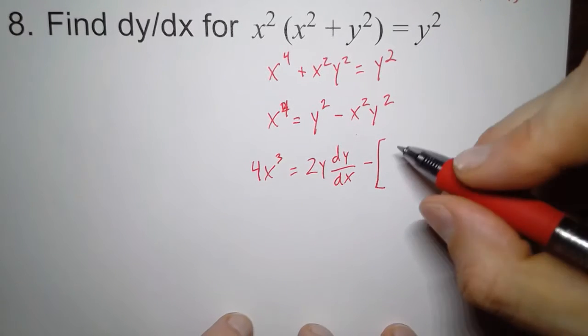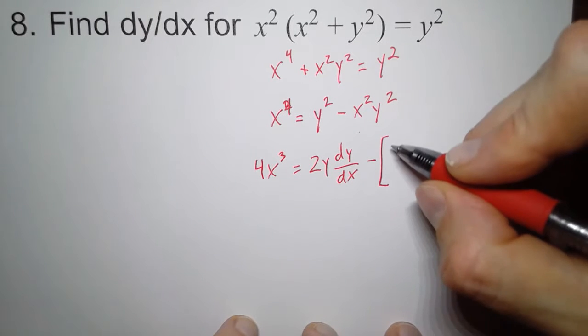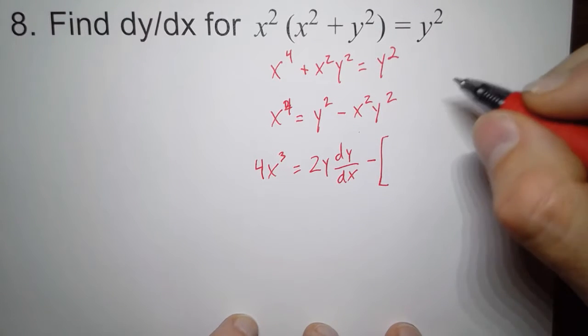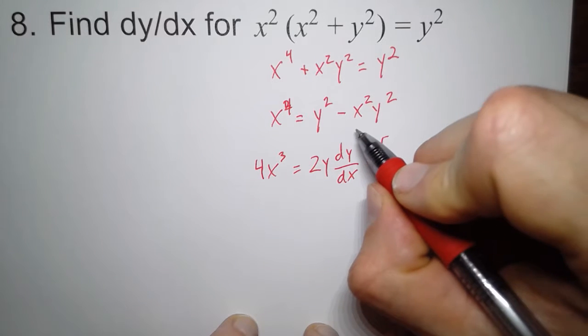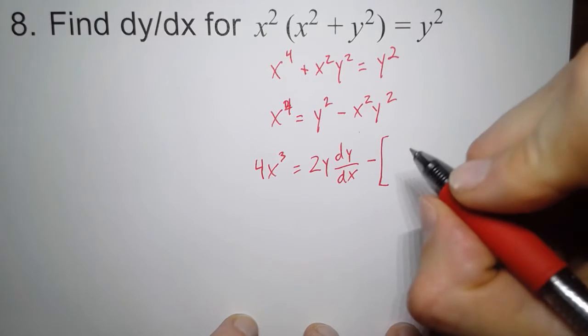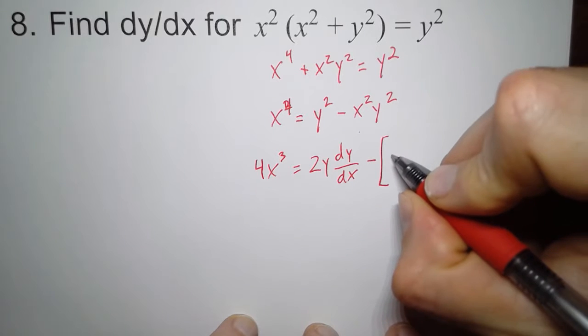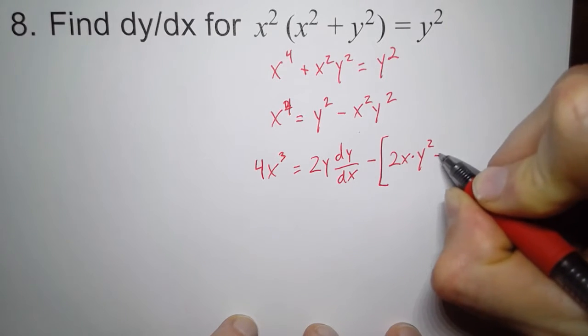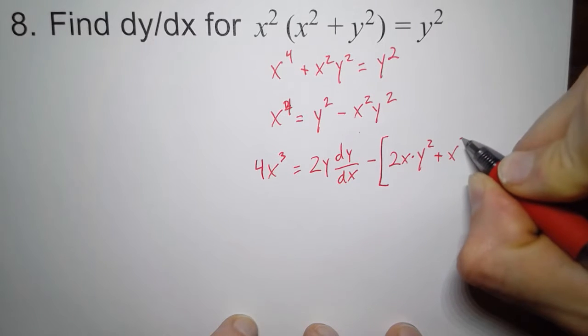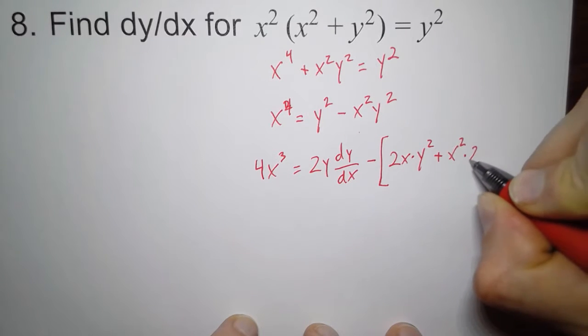So that's why I'm putting a bracket here, to remind myself that it's not just the first part, but it's also the second part that needs to be subtracted. So product rule says we take the derivative of the first factor, which is 2x, and we leave the second factor alone. Then we leave the first factor alone, and then we take the derivative of the second.